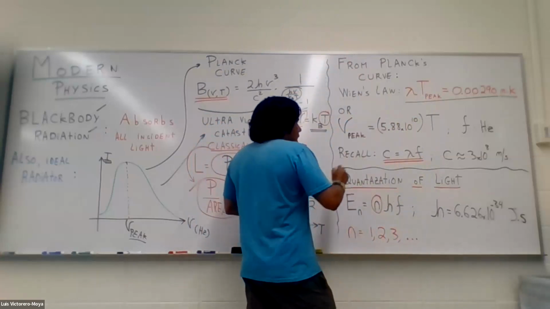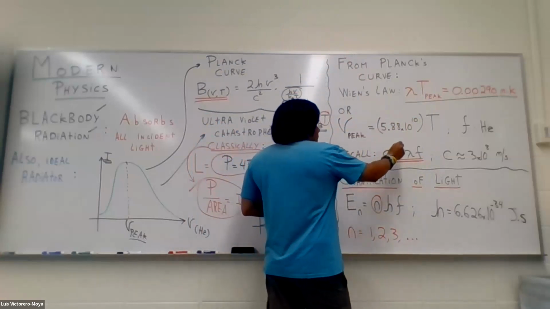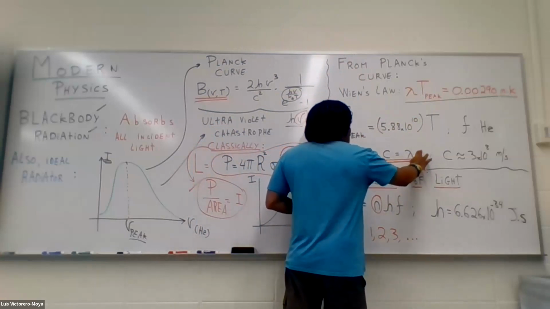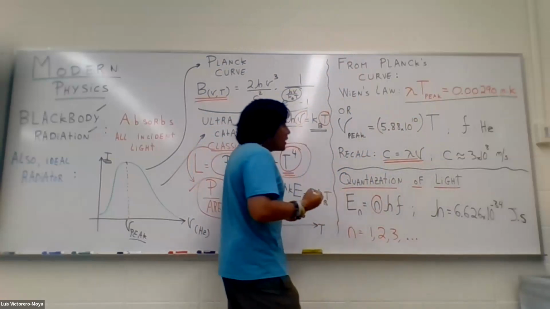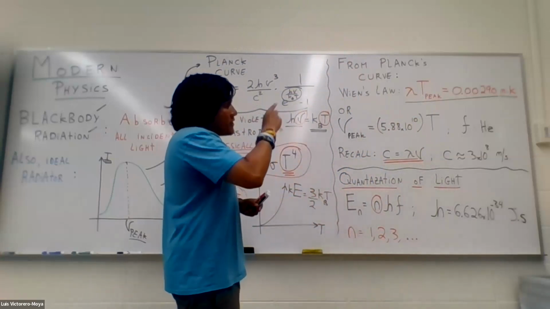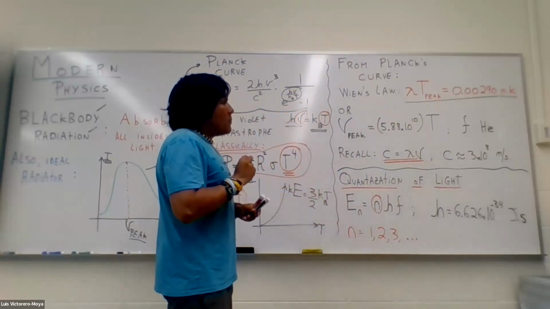Now, we know that the speed of light is equal to lambda times frequency, right? Now, the speed of light is approximately 3 times 10 to the 8 meters per second.